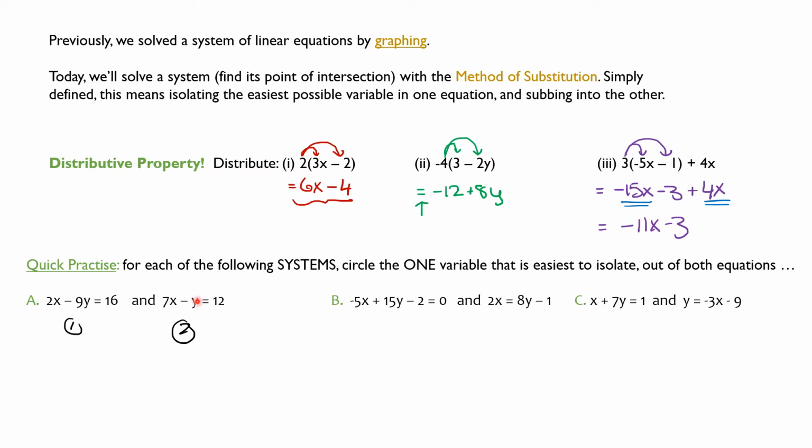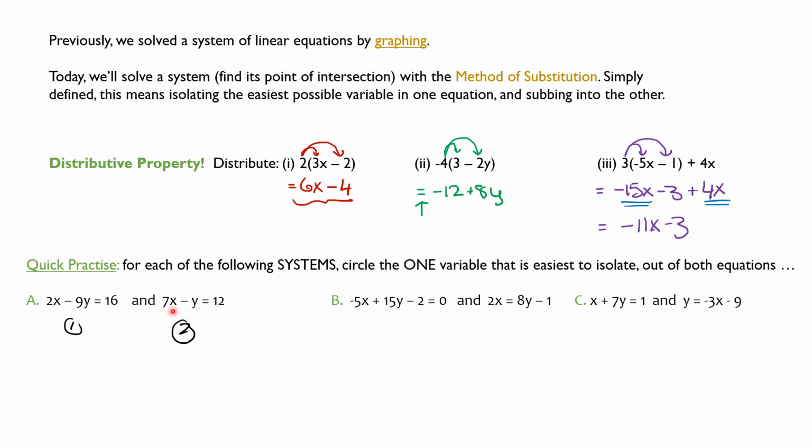So this y right here is easiest to isolate because in order to isolate y, all I have to do is bring the 7x over and then divide by negative 1. So that's a little easier. Say I were to isolate this 2x, it'd be a little harder because once I bring the 9y over, I have to divide by 2. You can pick whatever out of all these.